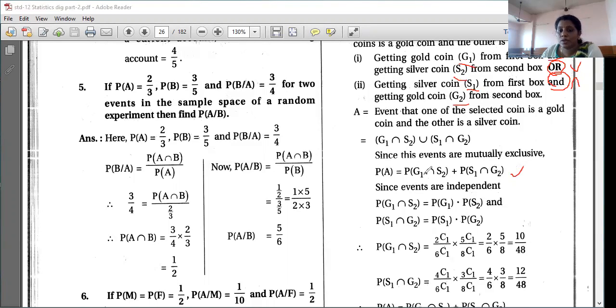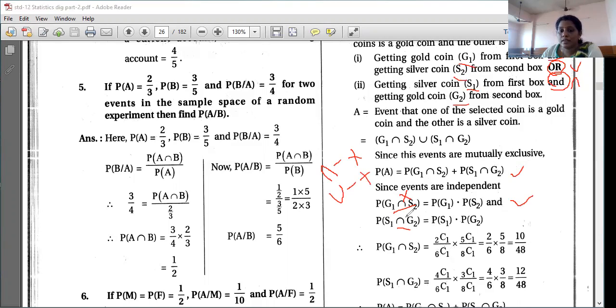For intersection, we use the law of multiplication: G1 intersection S2 means P of G1 into P of S2. Always remember that intersection means multiplication and union means addition.